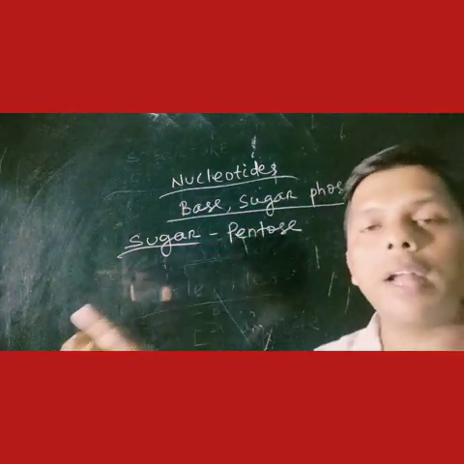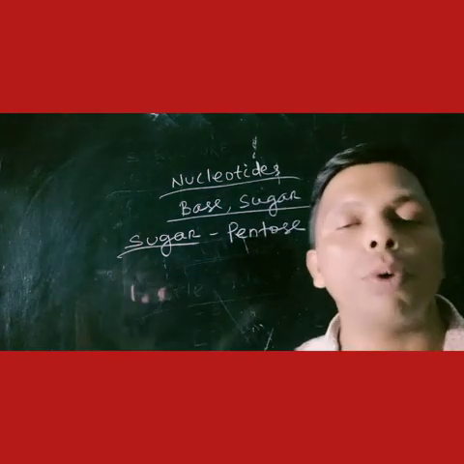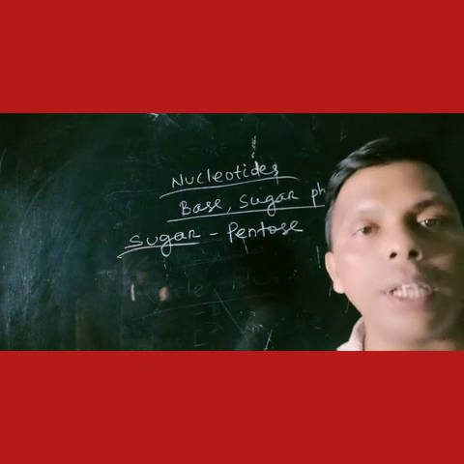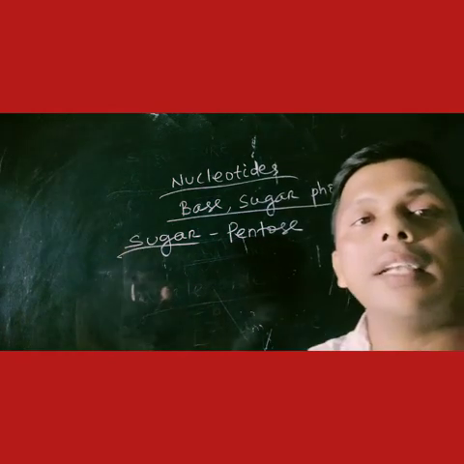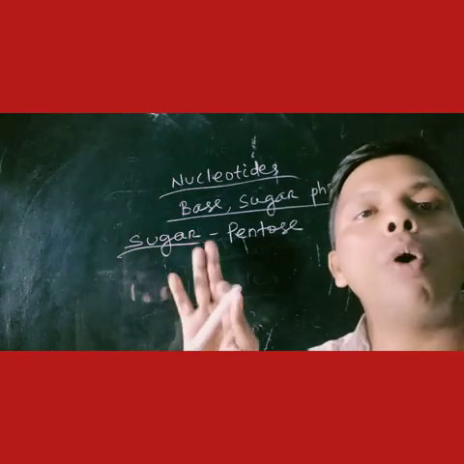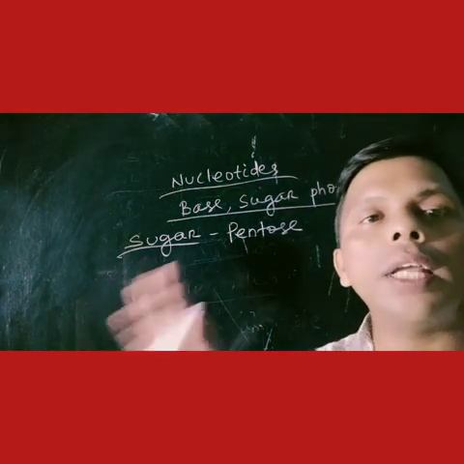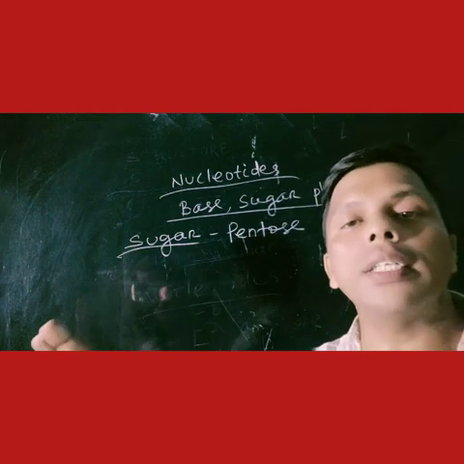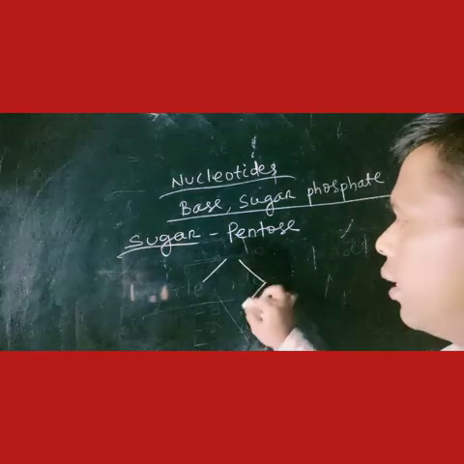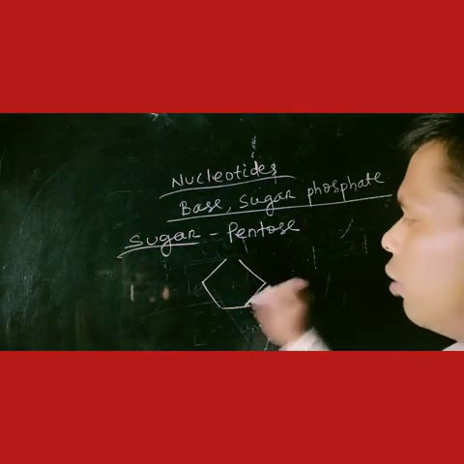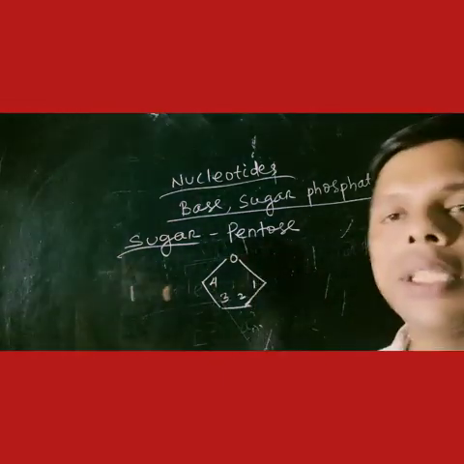The sugar in DNA is deoxyribose type, while in RNA it is ribose type. Out of the 5 carbons, the 4 carbon atoms, positions 1, 2, 3 and 4, combine with oxygen forming a ring.